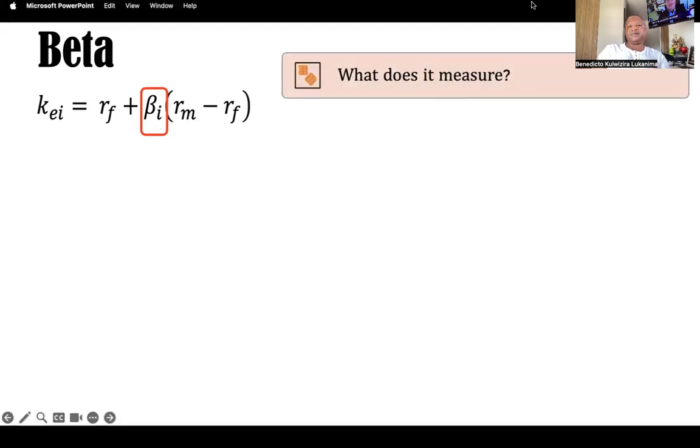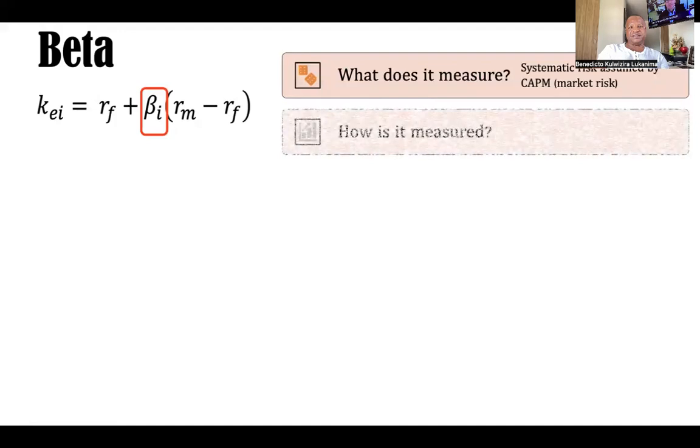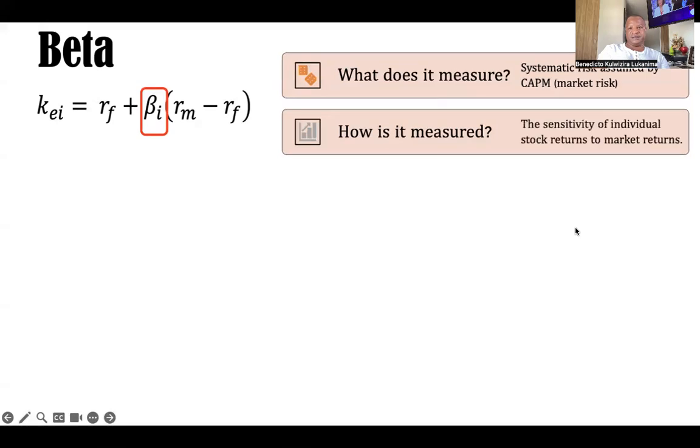First, what does it measure? It is a systematic risk assumed by CAPM. So it's a measure of market risk generally. The second question, how is it measured? It is the sensitivity of individual stock returns to market returns. So what is the process? One, we have to determine the market in which the stock trades.